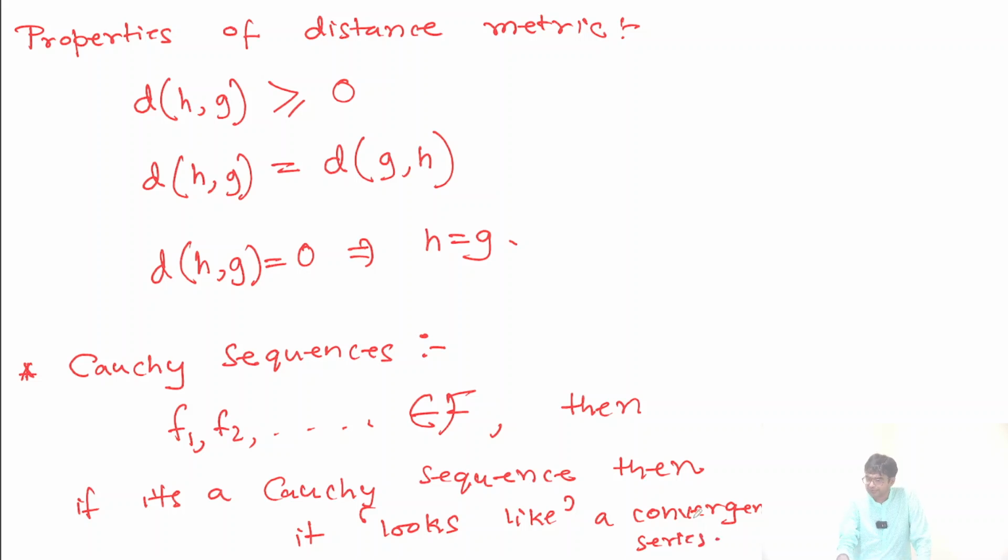Okay. So in reality the distance will keep on reducing, there is no doubt about that, but it need not be a convergent series. As long as the distance keeps on reducing, it is a Cauchy sequence.